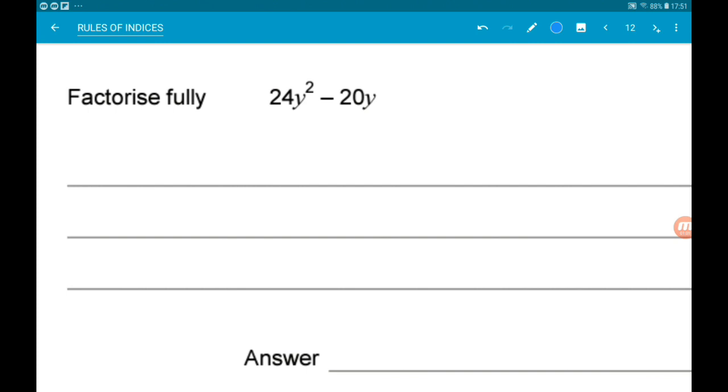Part B wants us to factorize fully, so that means put into brackets 24y squared minus 20y. Okay, so there is a common factor of y, so let's take that out first. So if we bring out a factor of y, we need to divide both terms by y, so we're going to get 24y minus 20.